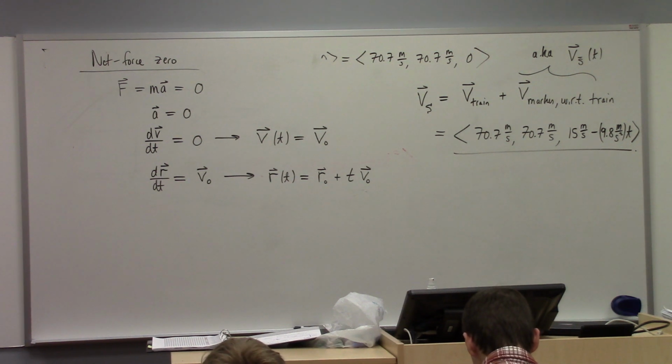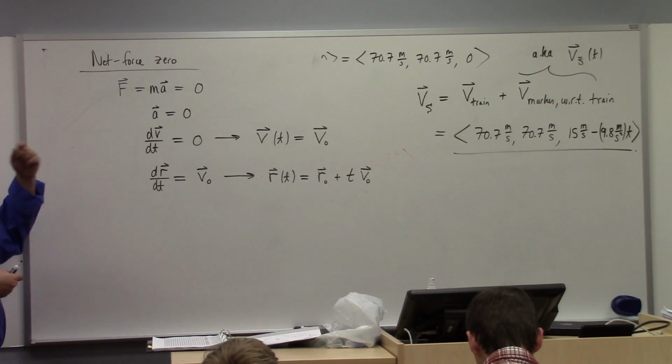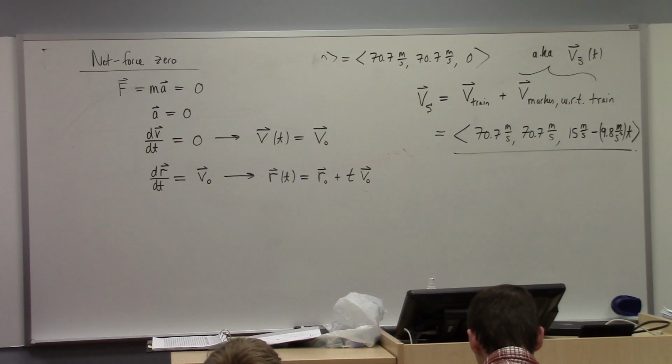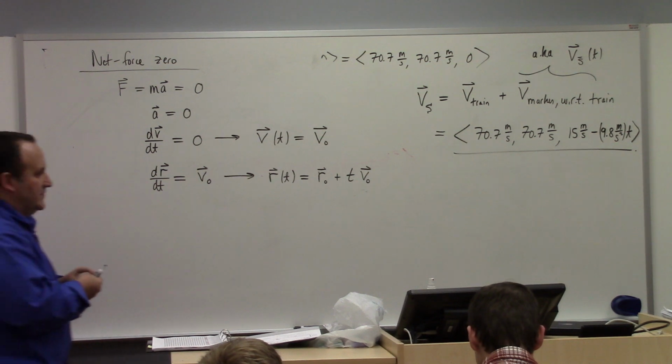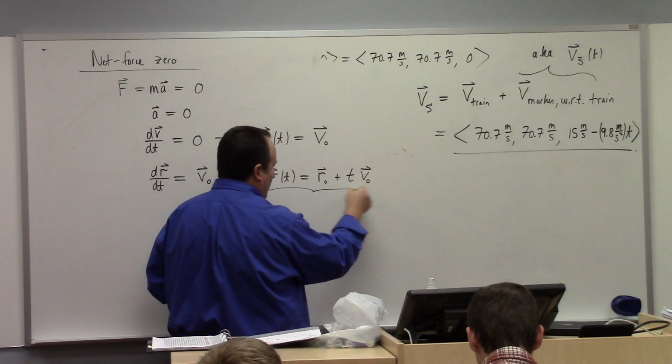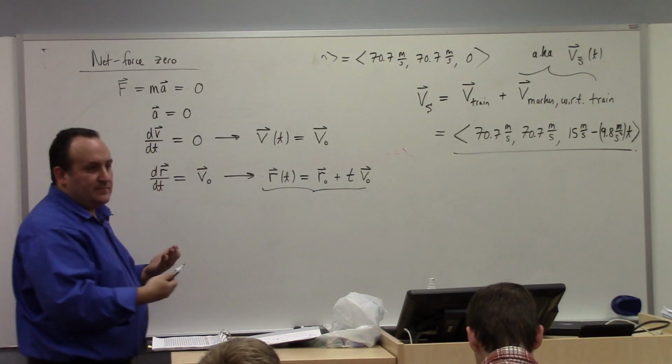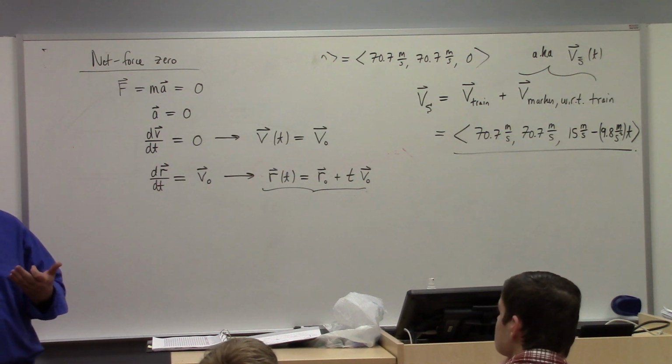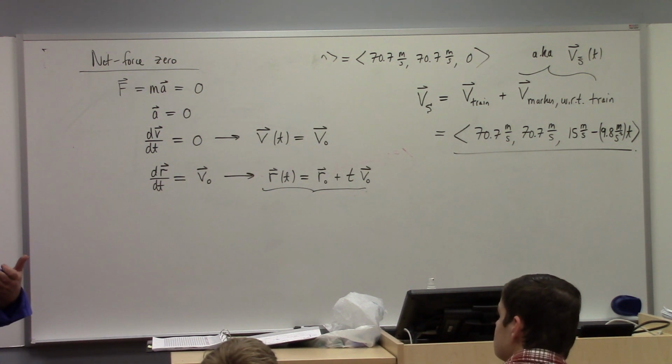Okay. So the acceleration is 0, right? By the way, what is this right here? What kind of motion are we talking about? You say linear, right? That is in fact the parametric equations for a line.